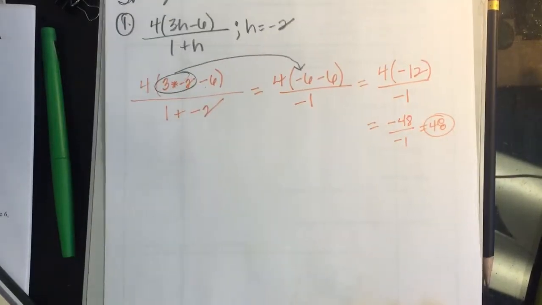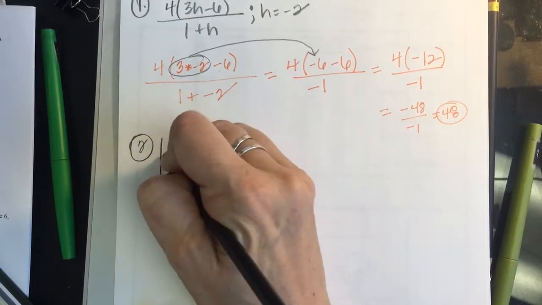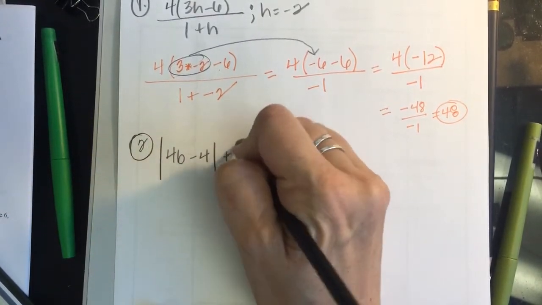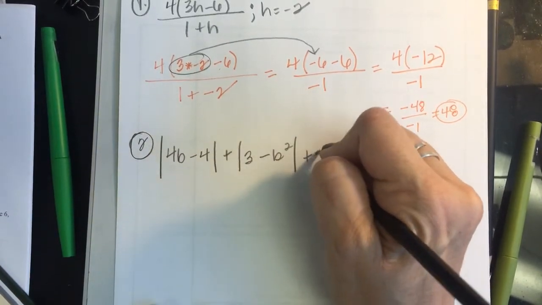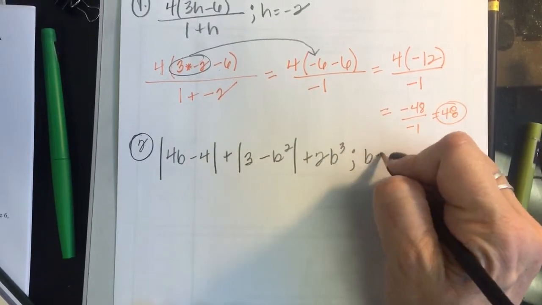Number 2, the absolute value of 4b minus 4 plus the absolute value of 3 minus b squared plus 2 times b to the 3rd. They tell me to put in b equals 2.